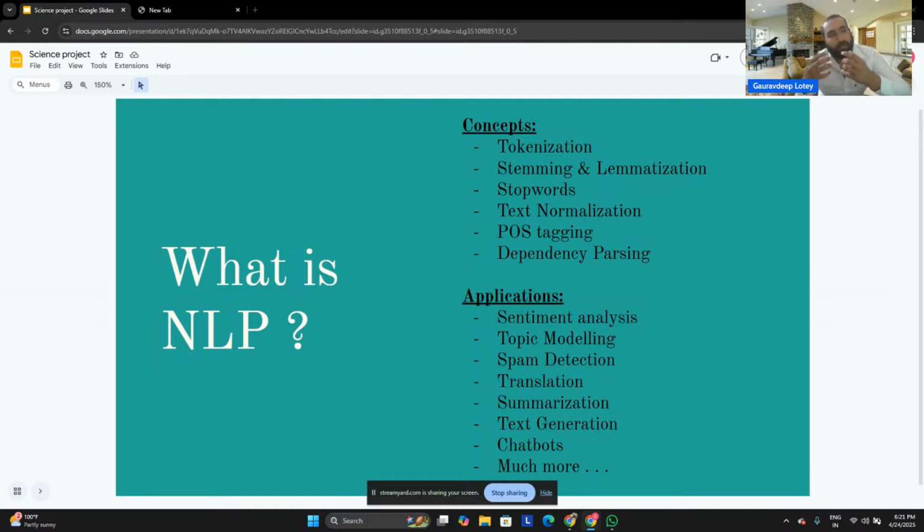For example, tokenization is a concept, okay? Tokens are nothing but what we get when we divide a text into smaller units. For example, if I have a corpus of text, a corpus of text could comprise an entire page of a document, right? Whereas if I have to break it down to a further level, I can break it to a paragraph level.